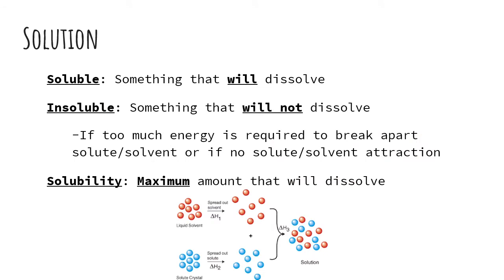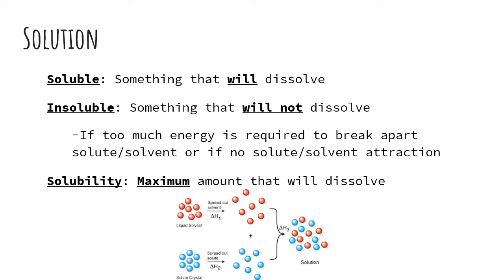Some terms we need to be aware of, and we've used these terms before when we were talking about double replacement reactions and precipitation. The word soluble just means that it will dissolve. Insoluble means it will not dissolve.